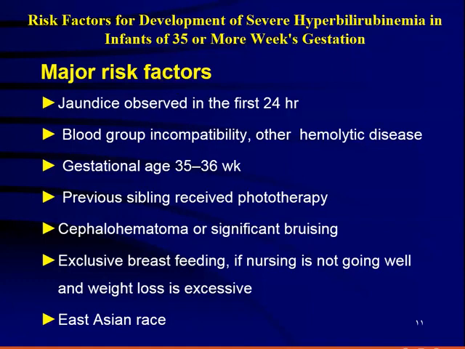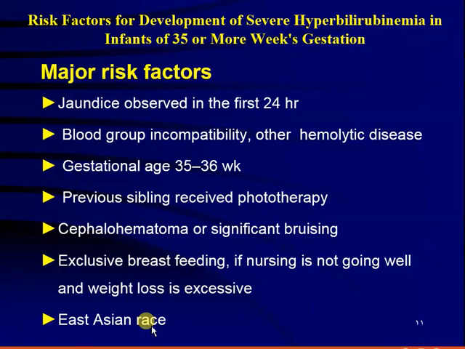Now, what are the major risk factors? They include jaundice observed in the first 24 hours, blood group incompatibility, other hemolytic disease, gestational age between 35 and 36 weeks of gestation, previous siblings receiving phototherapy, cephalhematoma or significant bruising, exclusive breastfeeding if nursing is not going well and weight loss is excessive. And I mean by nursing is not going well infrequent feeding of the baby.